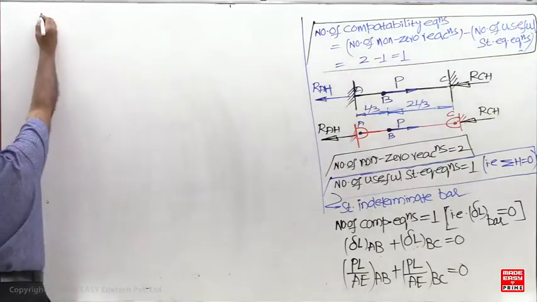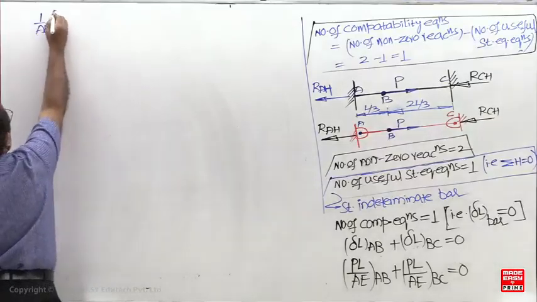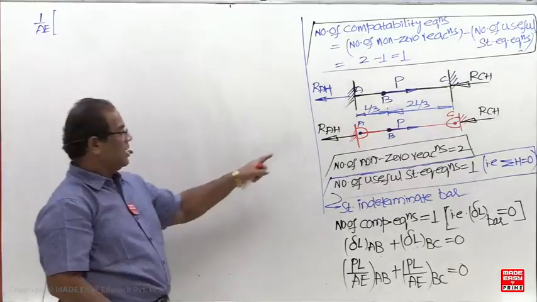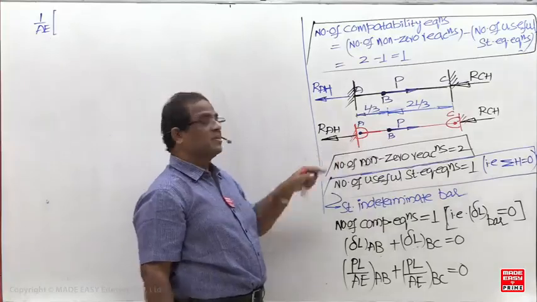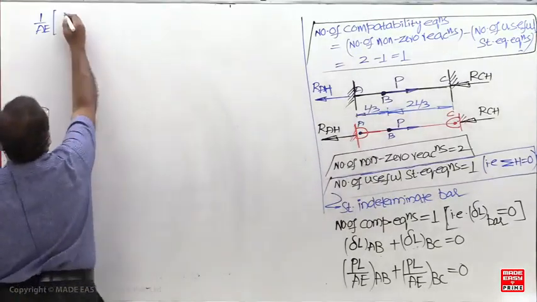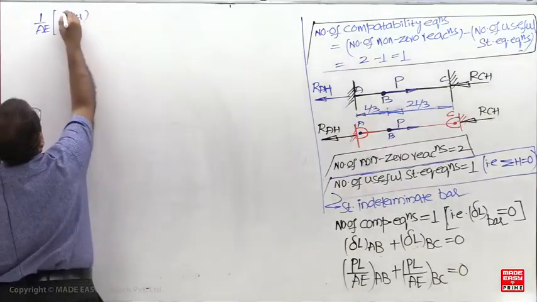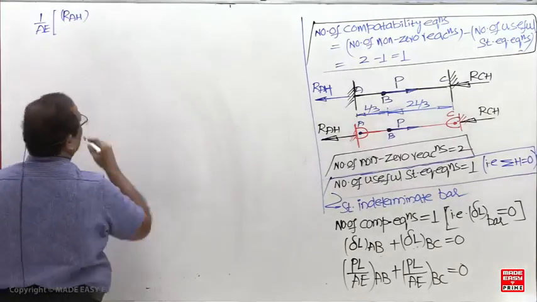We can take AE as common. For the load in AB, the load at the non-junction, what is the value? RAH. Is it tensile or compressive? Tensile. What is the length of AB? L by 3.